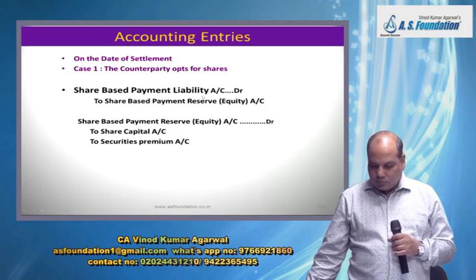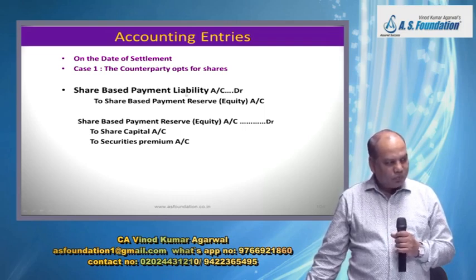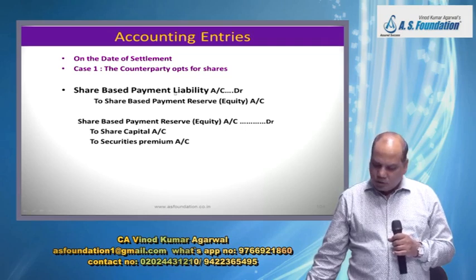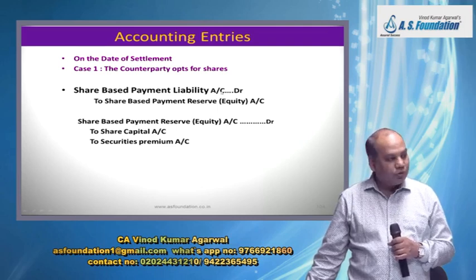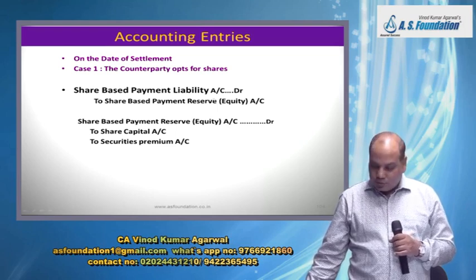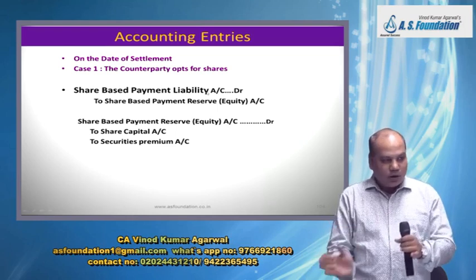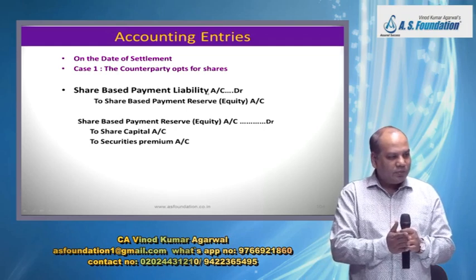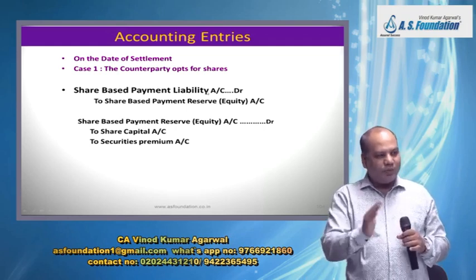In case 3 years are involved and in second year I am doing fair valuation, and due to that my liability is increased, no problem. So whatever is the value of liability on the date of settlement, this is what the employee is supposed to receive. He says, don't give me this money, give me shares. So this amount is actually what I was supposed to pay him, which he says, don't pay me, you keep it with you.